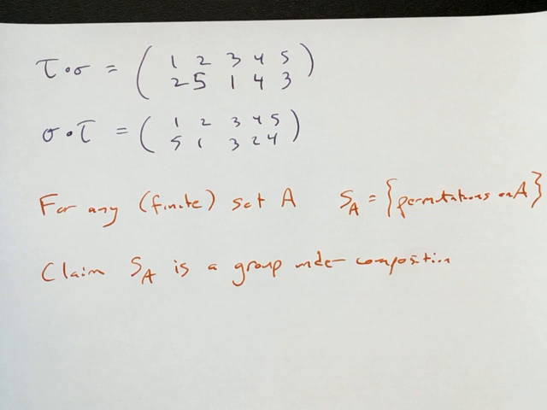If the first one goes from the set A to the set A, and the second one goes from the set A to the set A, and they're both one-to-one and they're both onto, then the composition is one-to-one and onto. Again, I showed that in discrete, but I can prove it directly.